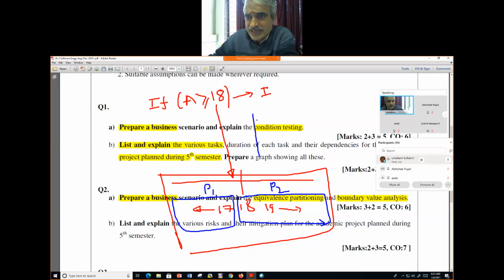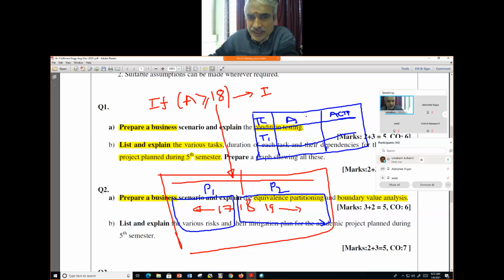When I build a test case, I write it in the form of a table: test case ID T1, then the input value of A, then the action. All inputs you have to describe; in this case there is only one. So I take one representative from one partition, say 10.